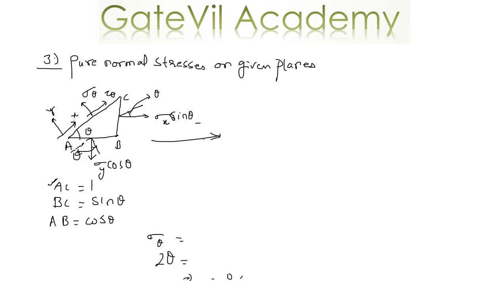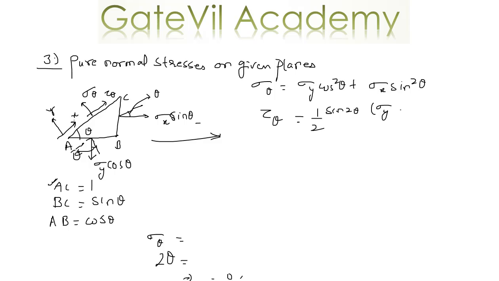In the case where normal stresses are acting upon perpendicular planes and we have to find stresses on an inclined plane to those planes, we have sigma theta equal to sigma y cos square theta plus sigma x sine square theta. We have tau theta equal to half of sine 2 theta times sigma y minus sigma x.